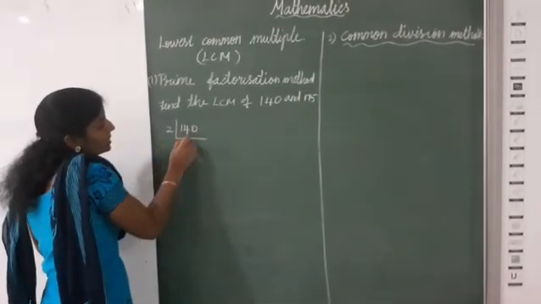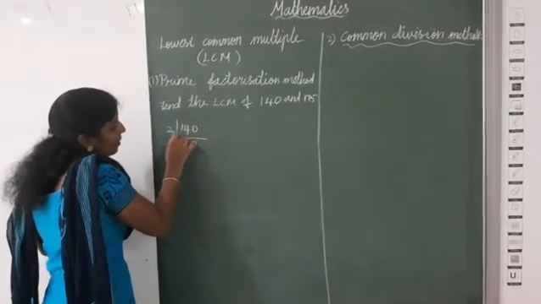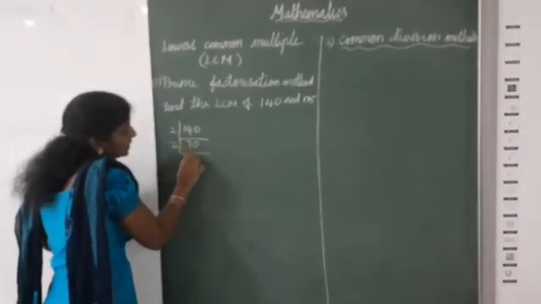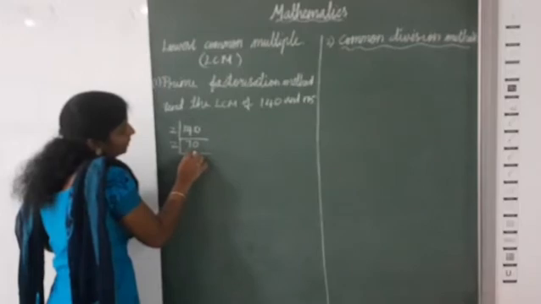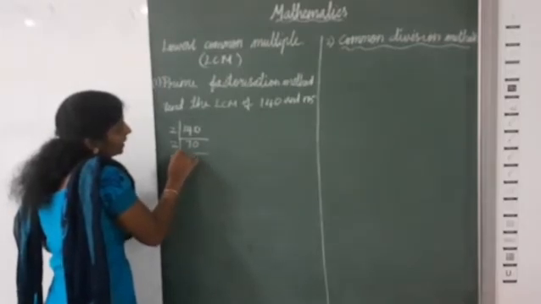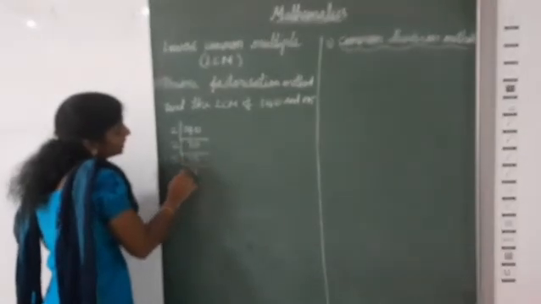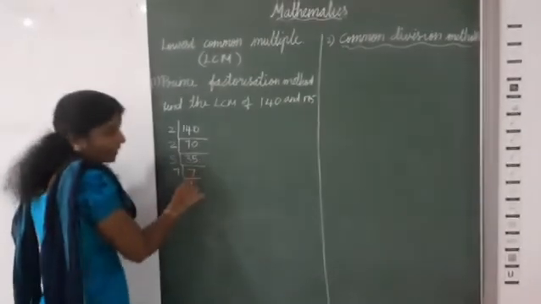140: 2 table, 7 2s are 14, 0; again 2 table, 3 2s are 6, balance 1, 10, 5 2s are 10; then 5 table, 7 5s are 35; 7 table, 1.